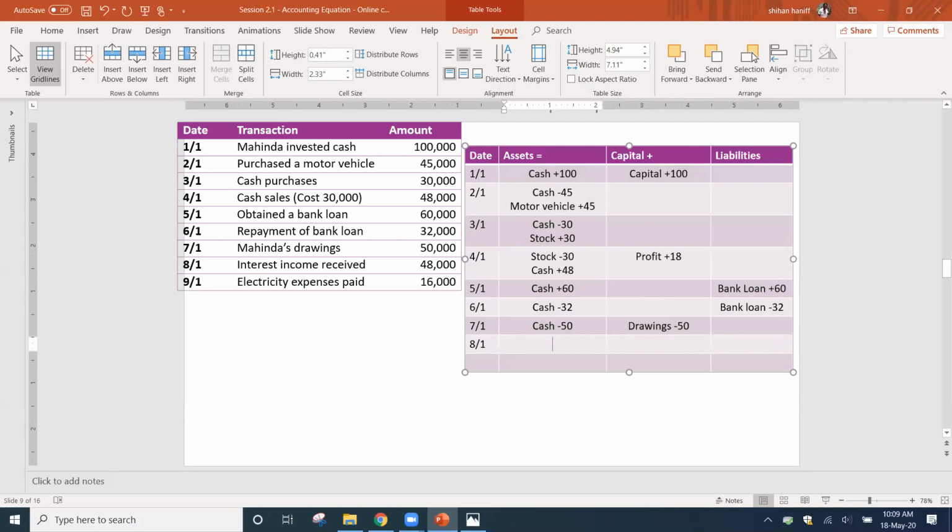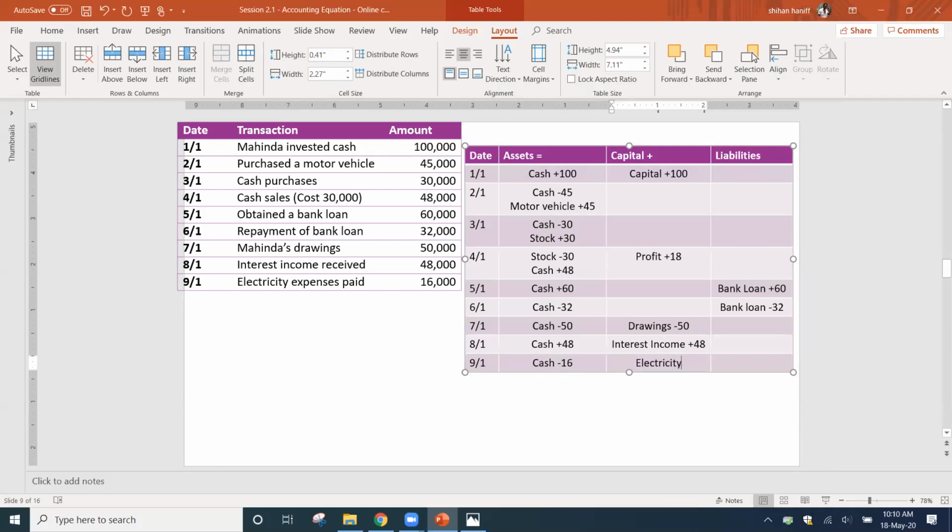Then the 8th January, interest income received. We are receiving cash, 48,000, and interest income is an income. So all the income will be recorded in the capital column because income and expenses will affect the capital. Interest income, 48. Finally, electricity paid. Cash minus 16.